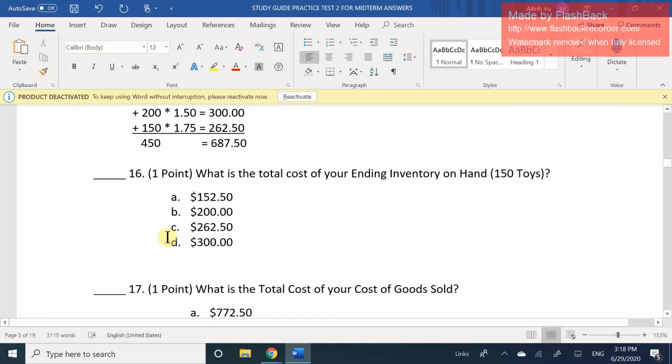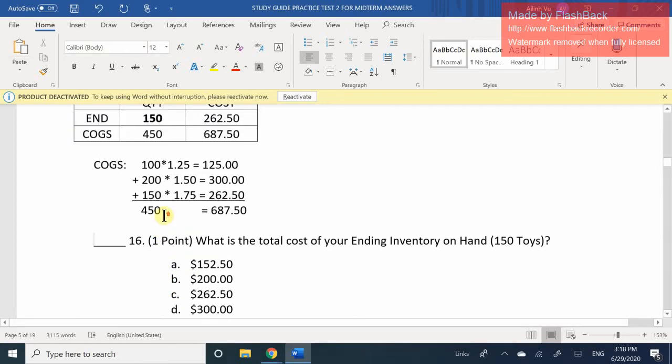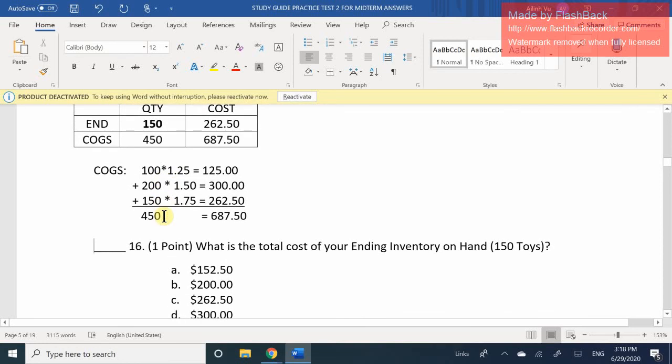So what is going to be my answer here for question 16? What is the total cost of your ending inventory? No, 262.50, yes.